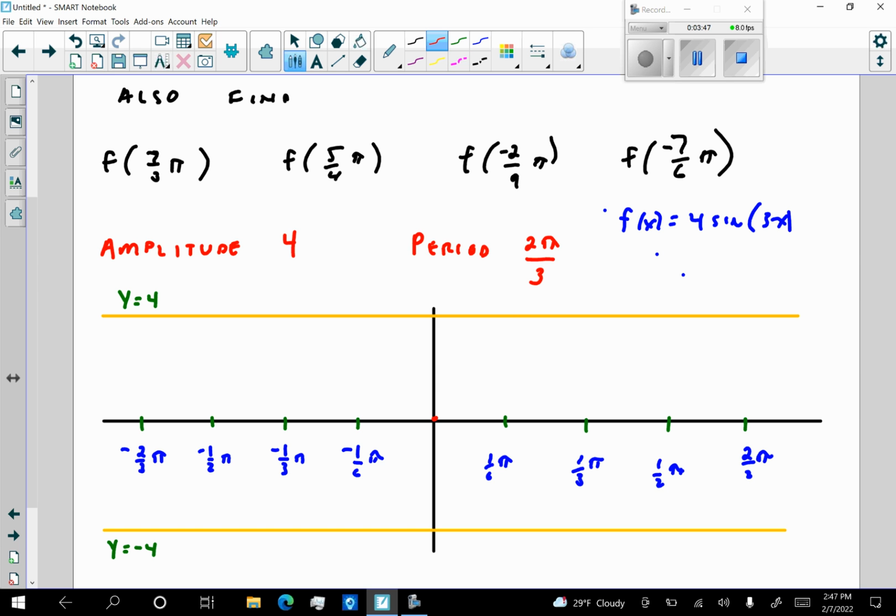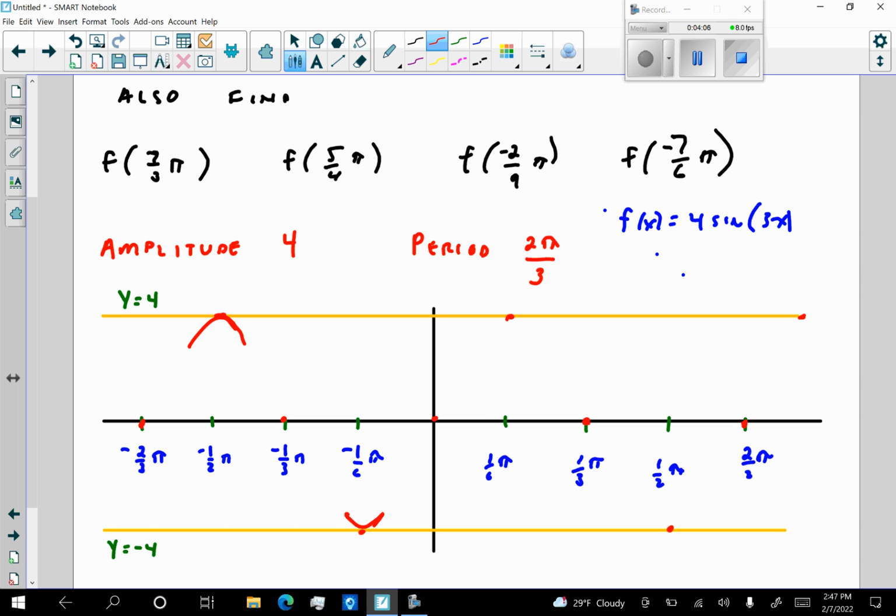It's going to start 0, max, 0, min, 0, max, and it's going to go in the opposite direction to the left of the y-axis. So this is going to be min, 0, max, 0. And we're going to make a nice graph here.